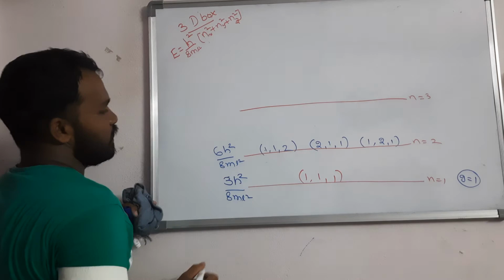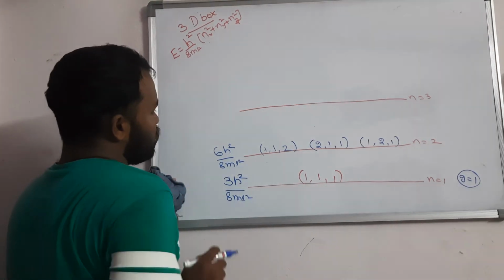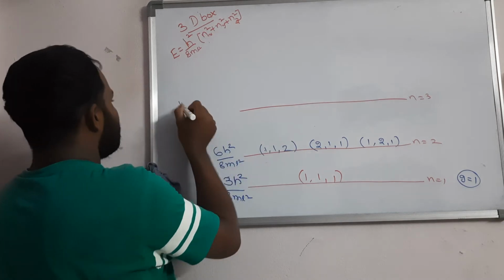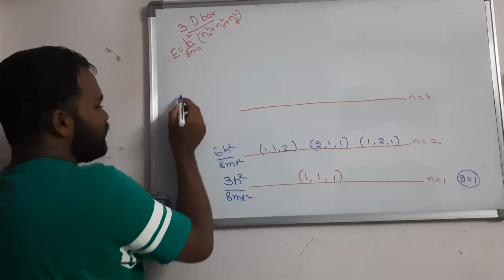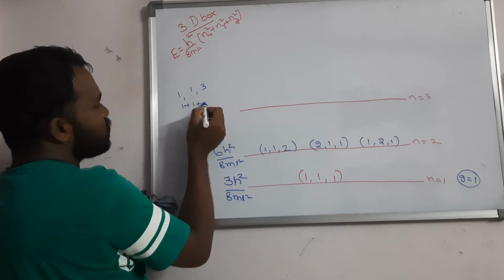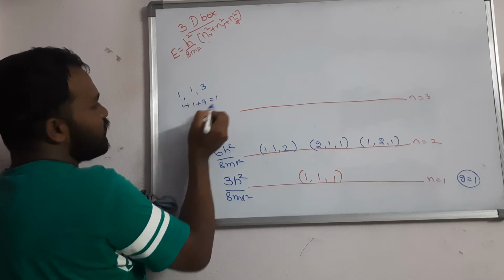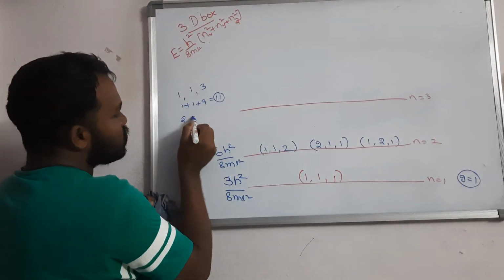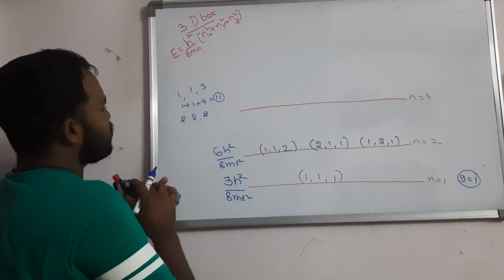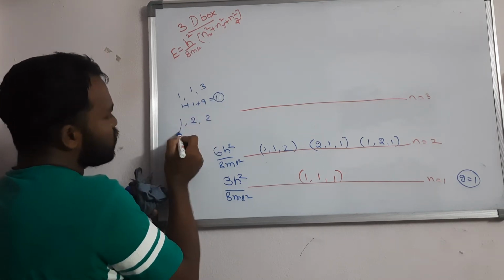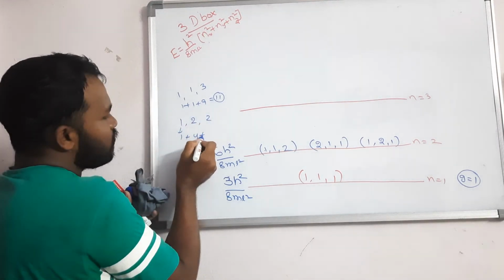Right. Next energy is, what is the next possibility? If I will write 1 1 3, for example, 1 plus 1 plus 3 square is 9, 10, 11, you will get 11. But if I will take 1 2 2: 1 square is 1, plus 2 square is 4, plus 2 square is 4.